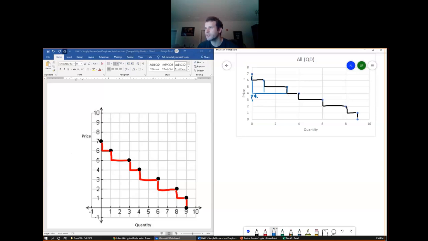So someone's getting 7 minus 4 consumer surplus, someone's getting 6 minus 4, and someone's getting 5 minus 4. So that should be 3 plus 2 plus 1. In fact, two people are getting 1 consumer surplus. This one quantity went out by 2.